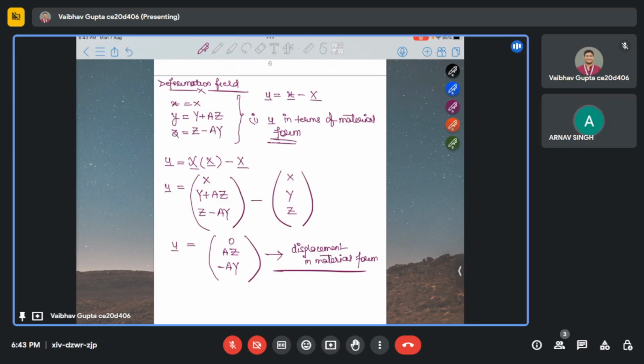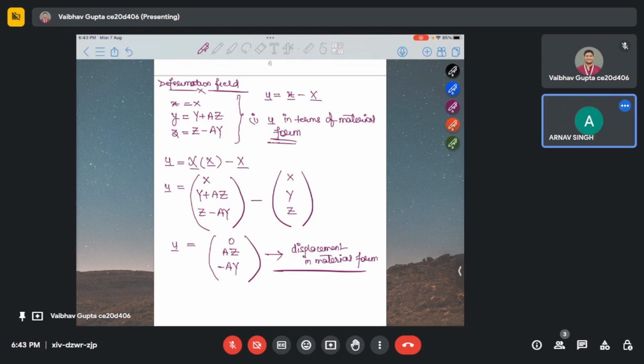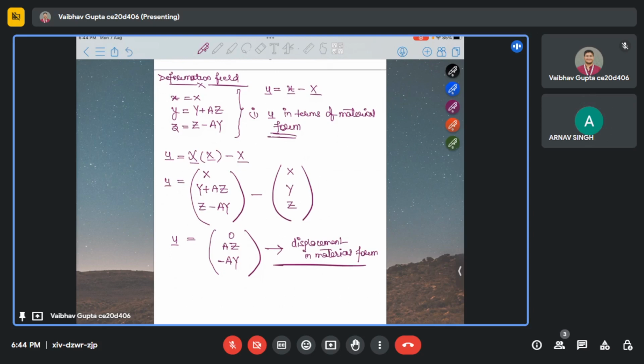In one problem I will be solving the 5 subparts to give a more clearer understanding. So till now you understood the point.